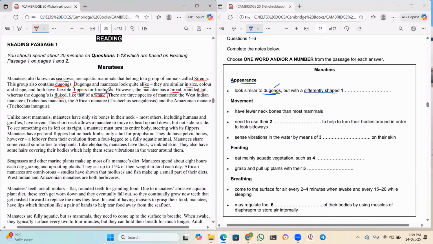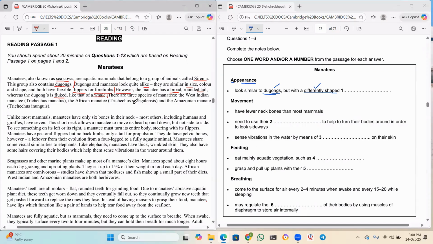So, guys, did you get the answer? I think we got it. He says that dugongs and manatees look alike, because they are similar in size, color, and shape, and they both have flexible flippers. But we are looking for something that is differently shaped.